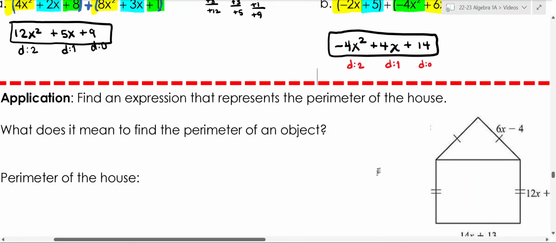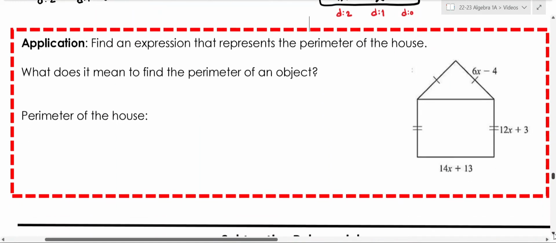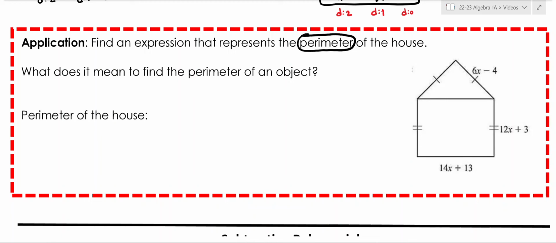All right, now, application problem, and yes, you will see these, so you need to start getting used to it. We're in algebra now, we're big kids. Application: find an expression that represents the perimeter of the house. Perimeter and area are going to become things you're expected to know.